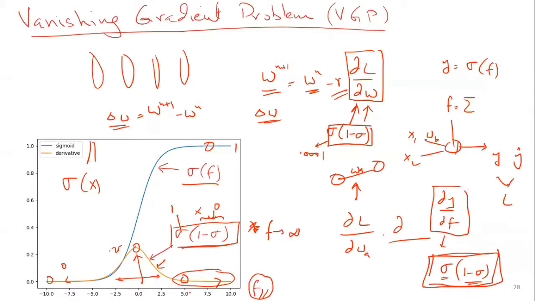Even 5 or 10, and this is quite possible. If you have fairly large inputs, then the gradient is going to become really small, so delta W, the incremental change in the weights, is going to become extremely small.